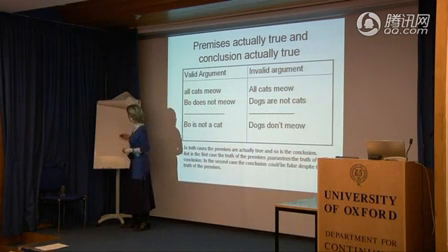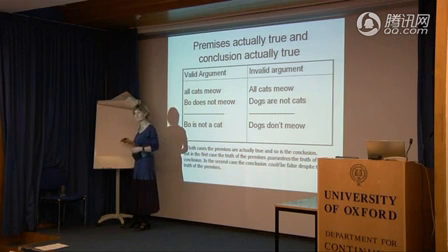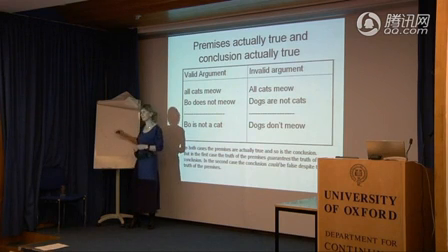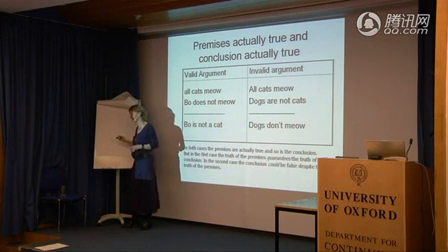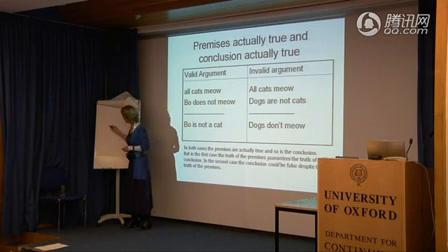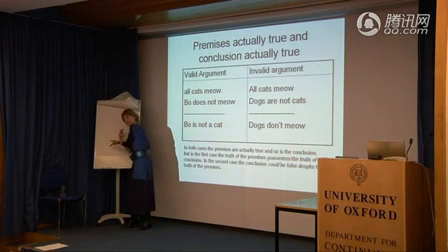Here's the class of meowers. All cats meow, so where should I draw the class of all cats? Inside, outside, or overlapping? Inside. If all cats meow, then all cats must be inside the class of things that meow.